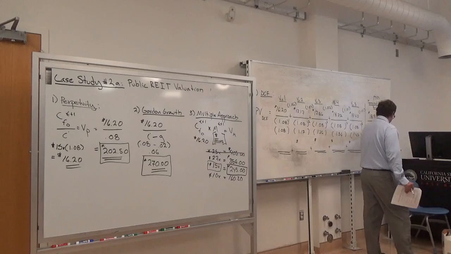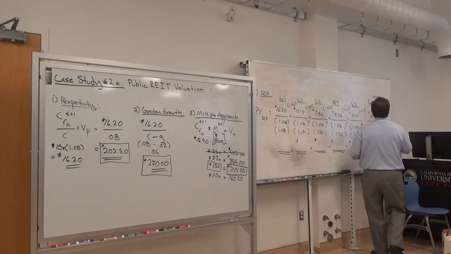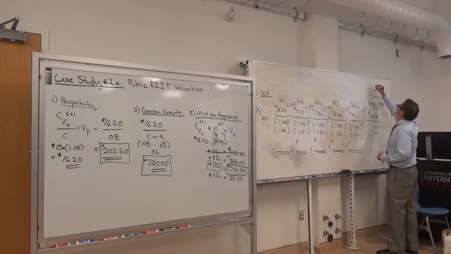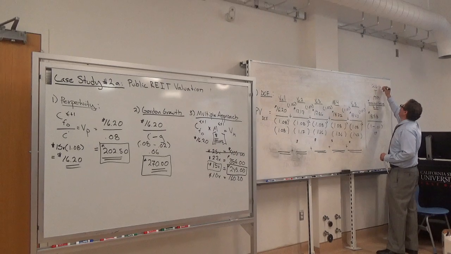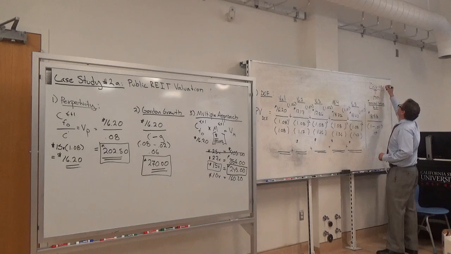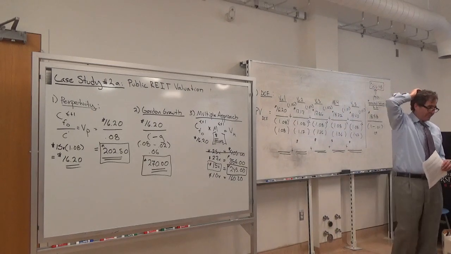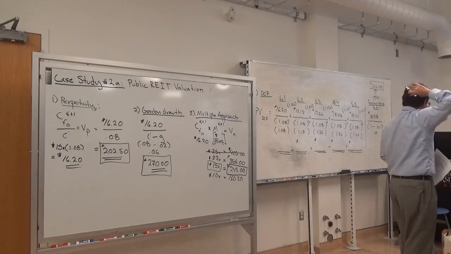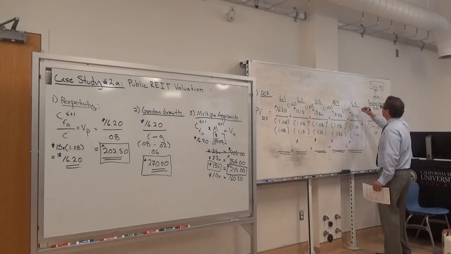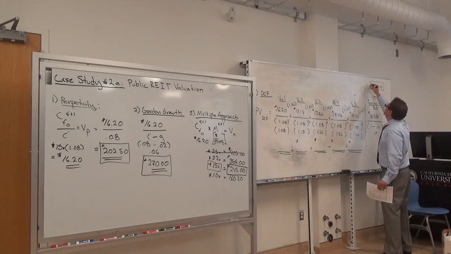So what's 1858 divided by 0.09? 206.48. Is that right? Yep. Okay, and then what do I do with the terminal value? Add it to year 5. Yeah, that's the year's worth of cash flow. Got it. Nice.